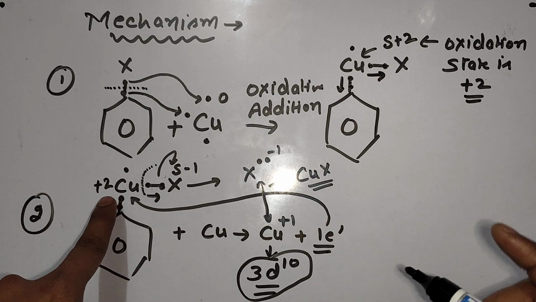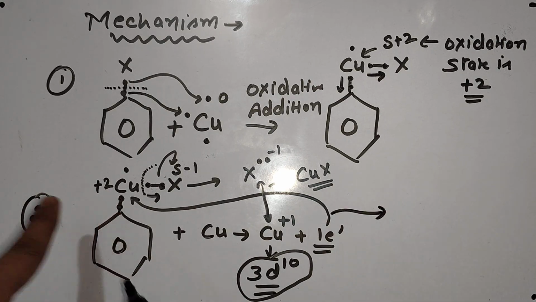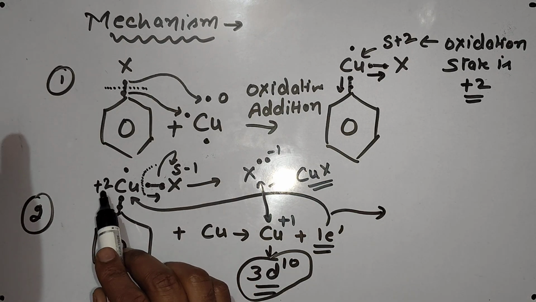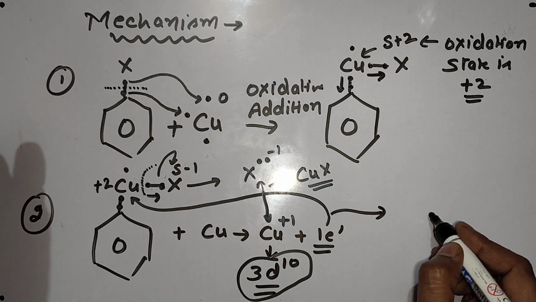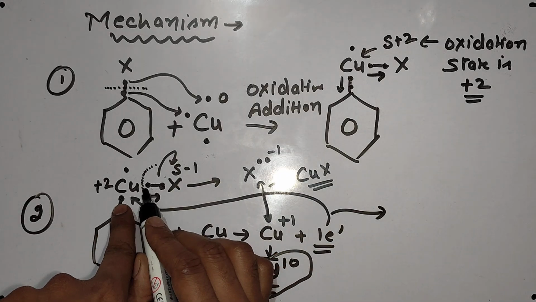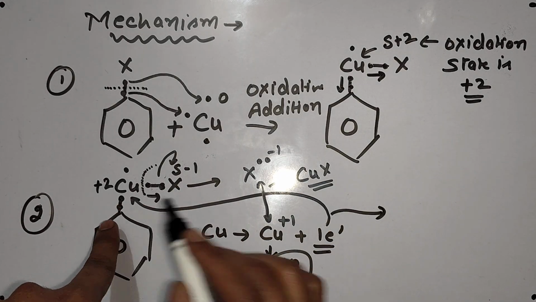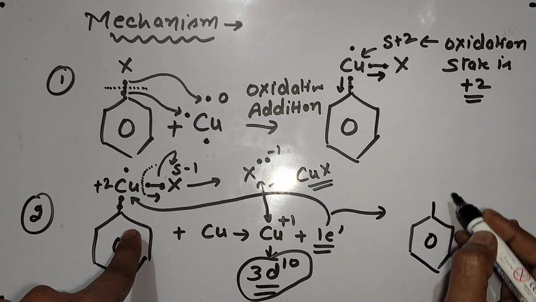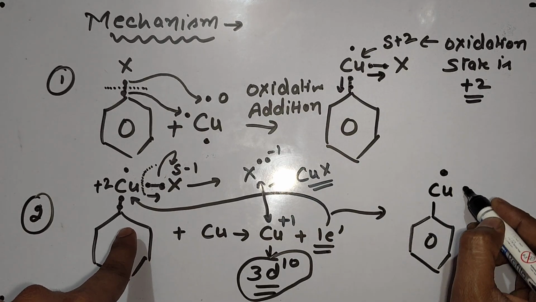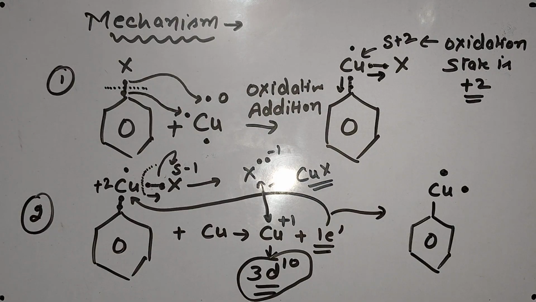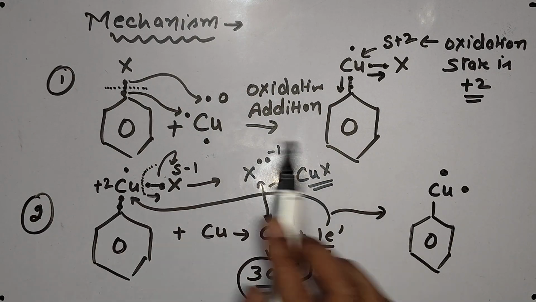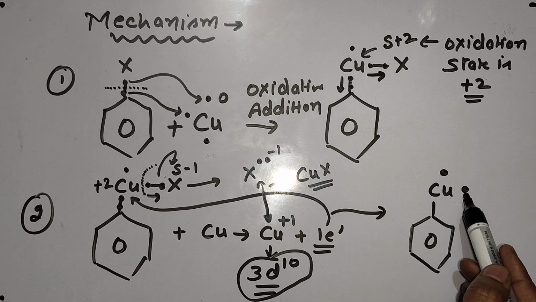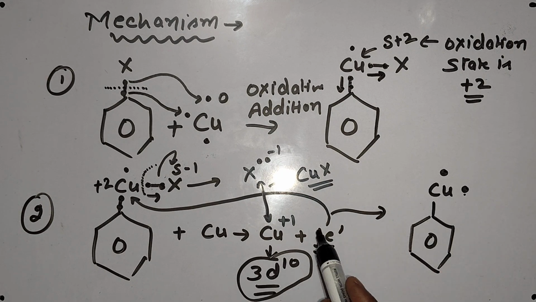Now what about this copper? Please be careful. Already it is in +2 oxidation state because both electrons are toward X and carbon. After this process, it will be in this condition. Check carefully. This unpaired electron stays as it is. This unpaired electron, from where did we get it?